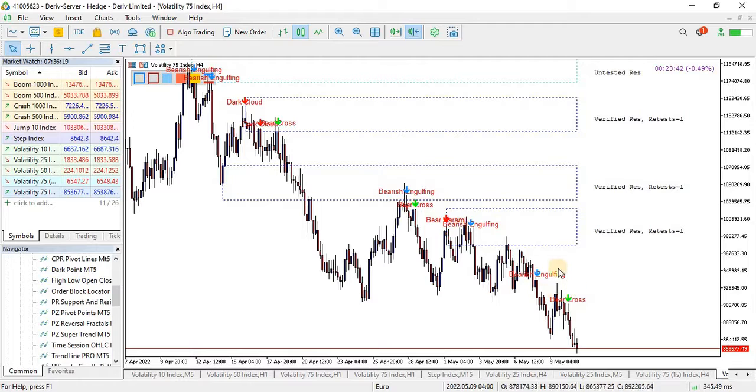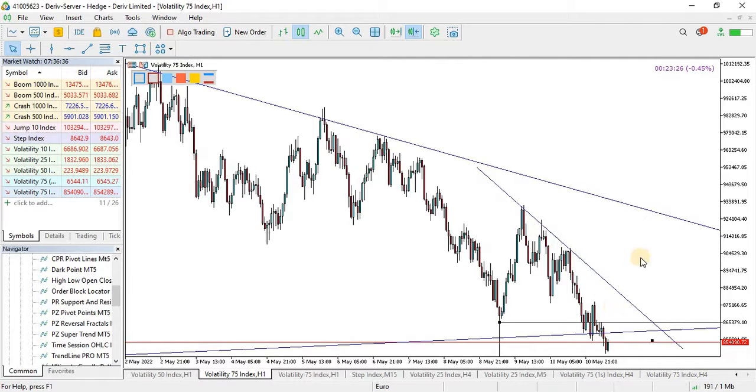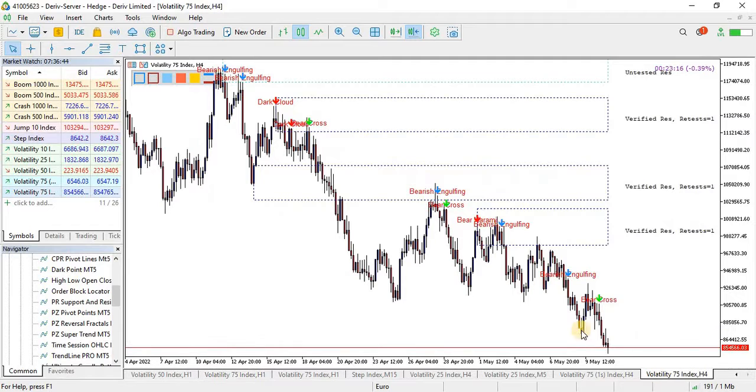Because if we're in an uptrend, we could have multiple support areas where we could look for buys, but currently one has to be looking for sells until the trend line is broken, and then multiple tests of support areas is created, then we look for buys. So currently it's a downtrend.